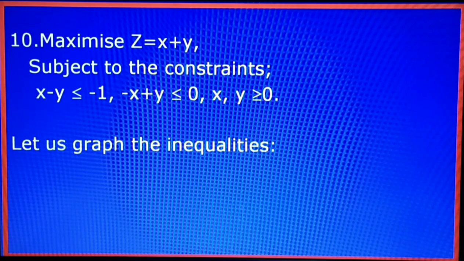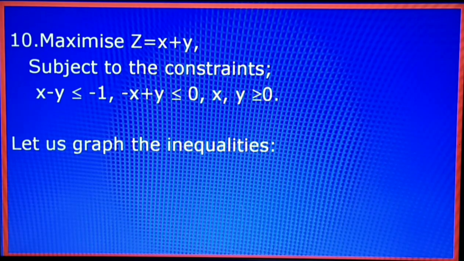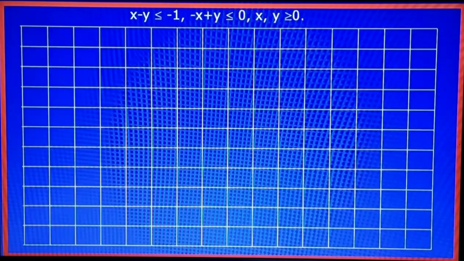Question number 10. Maximize z is equal to x plus y, subject to the constraints x minus y is less than or equal to minus 1, minus x plus y is less than or equal to 0, x, y is greater than or equal to 0. Let us graph the inequalities.